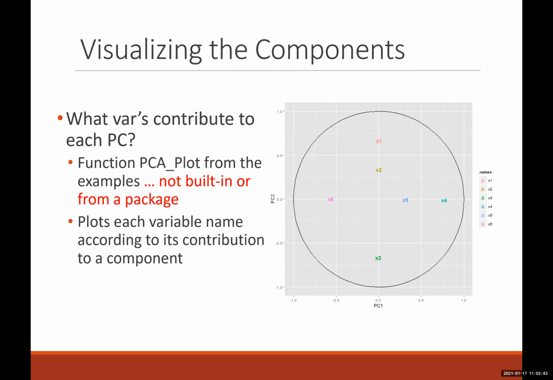So the one question that we ask with the PCA plot is: what variables are important, and which axes are these variables important for? The way that we look at this is using an XY system.